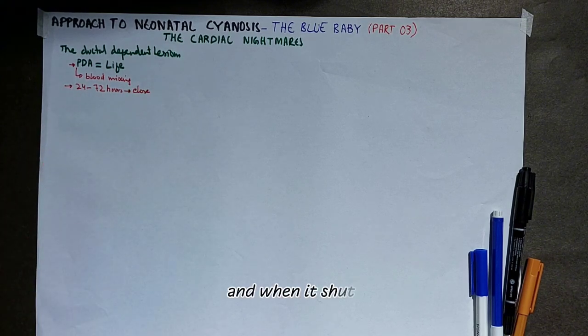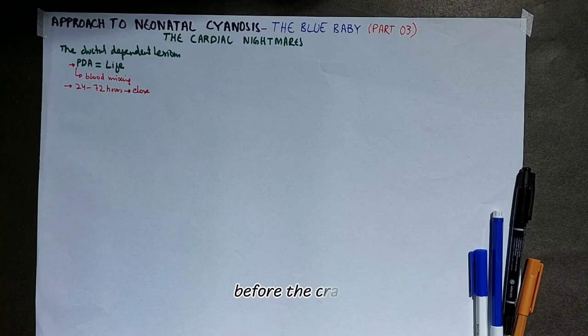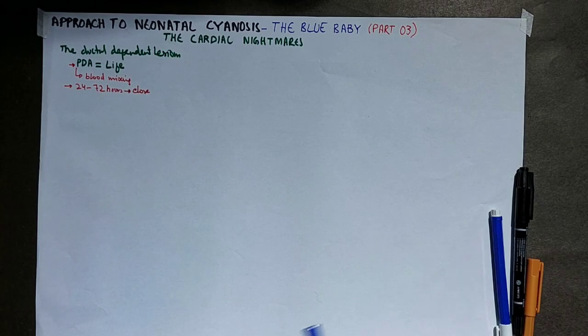And when it shuts, the lifeline is cut. So the baby crashes. Your job is to suspect the defect before the crash. So today we map out the 5 T's, the grey babies, and the single bedside principle that saves lives.